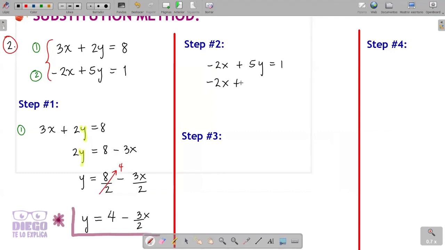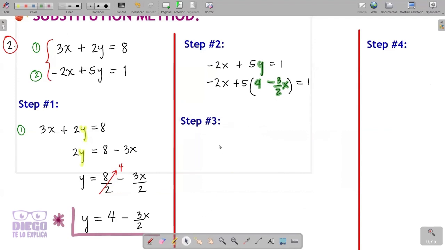Minus 2x plus 5, we open a parenthesis, equals 1. What is the expression of y? 4 minus 3x over 2. We replace the y by its value, that is 4 minus 3x over 2.